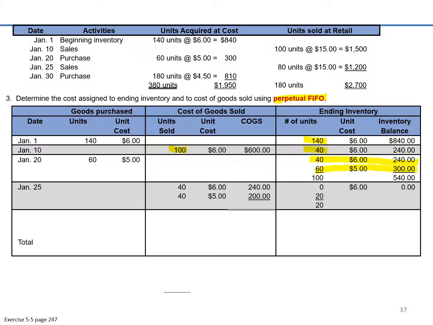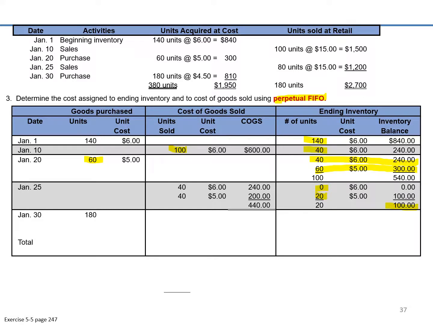So now we have 0 remaining from our beginning inventory. We have 20 remaining from the 60 that we purchased on January 20th at a $5 per unit cost. So we have $100 in our ending inventory. We have $440 total cost of that January 25th sale. And we have ending balance in ending inventory of $100.